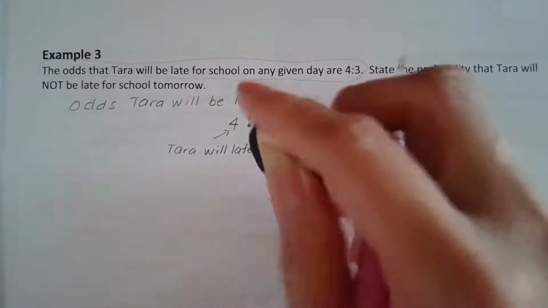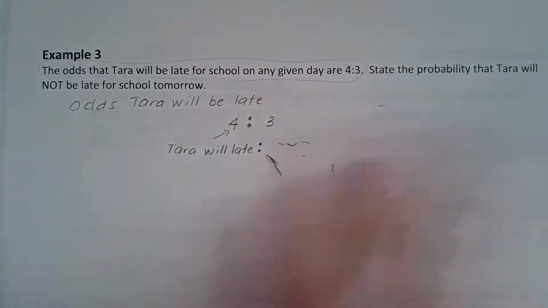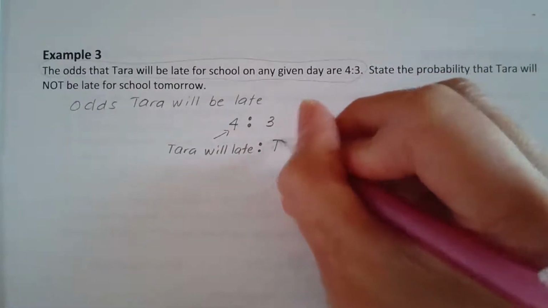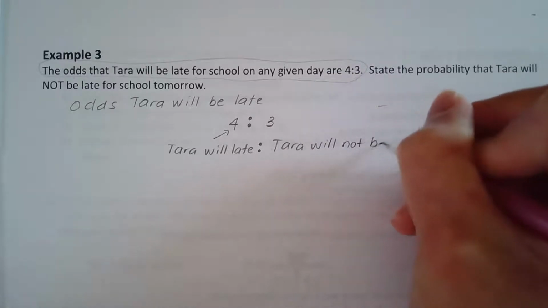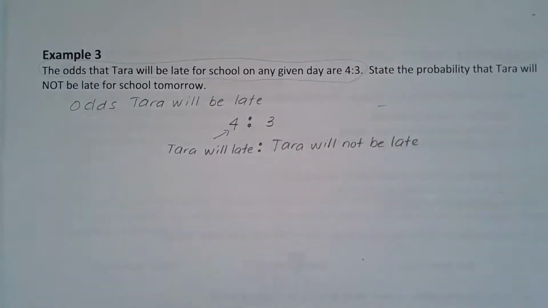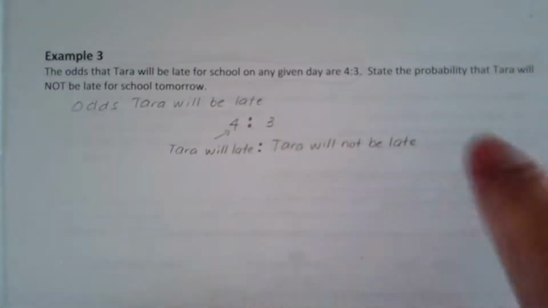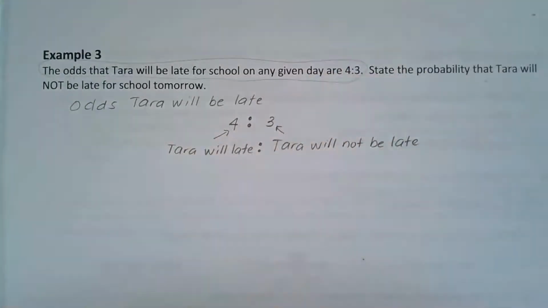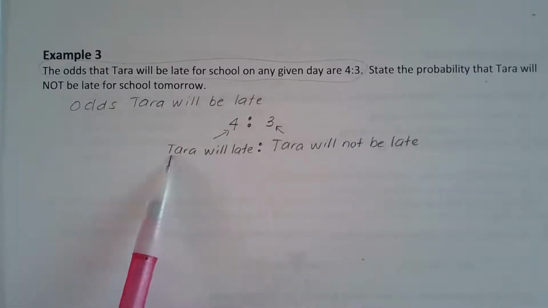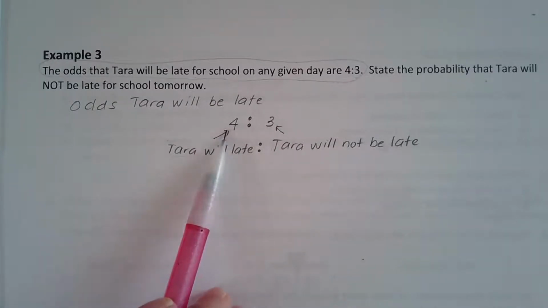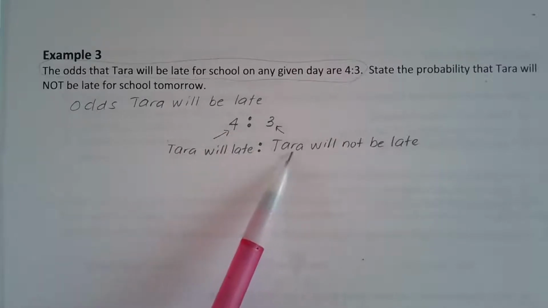So that's what that means. The odds that Tara will be late tomorrow is 4 to 3. So that means Tara is late, 4 is to, and then the 3 means Tara is not late. So that's the interpretation of that part.